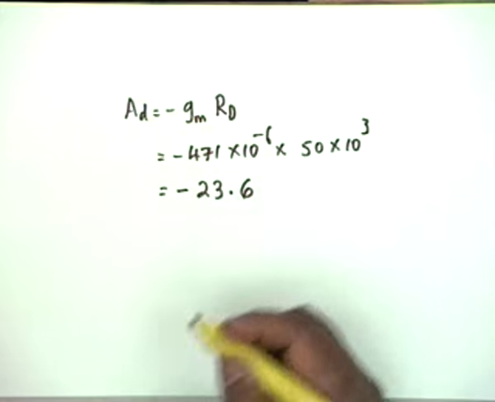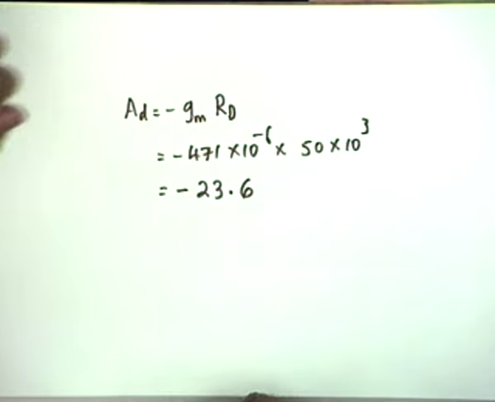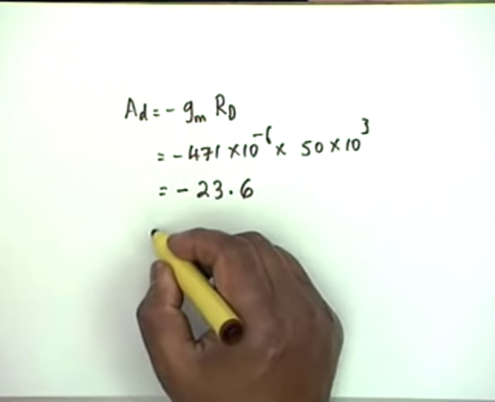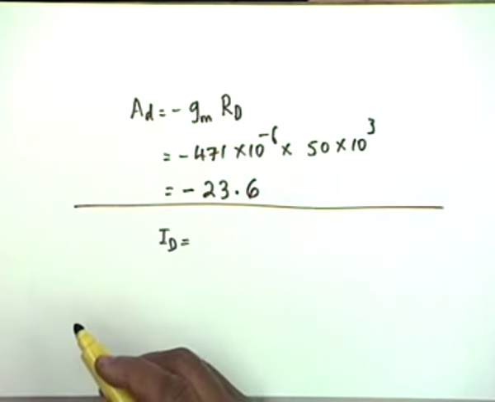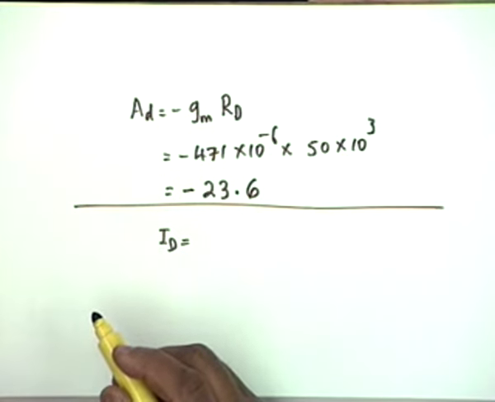Okay. Now, in order to calculate R sigma, R sigma obviously has to be calculated from the application of a KVL. And that KVL we want to do it through VGS. Okay. VDD, IDRD, VDSQ, and then VGS. Then we go to ground.